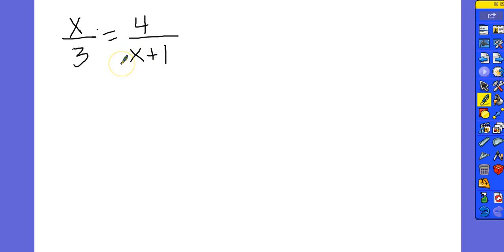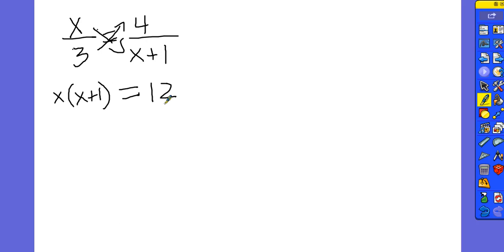You could do that to clear the fraction, or because it's just a fraction equals a fraction and there isn't anything else, you can just cross multiply. X times x plus 1 equals 3 times 4, 12.